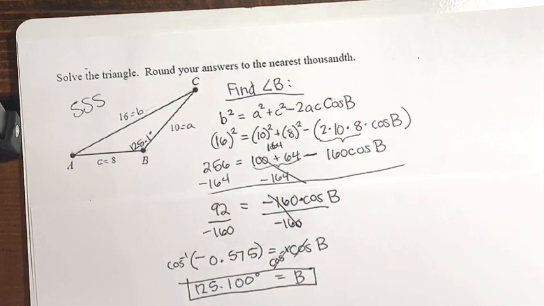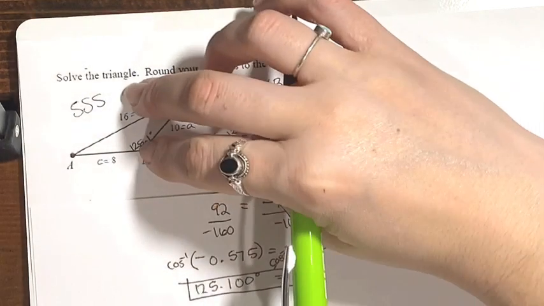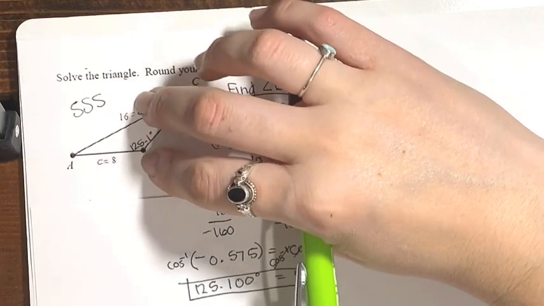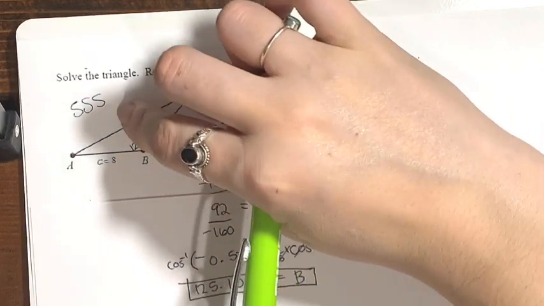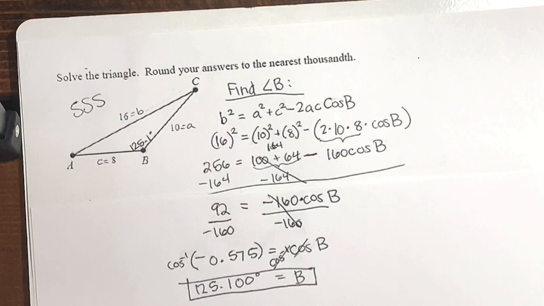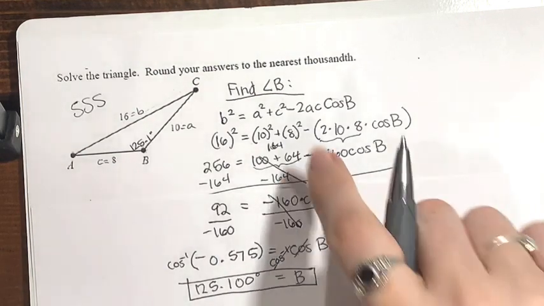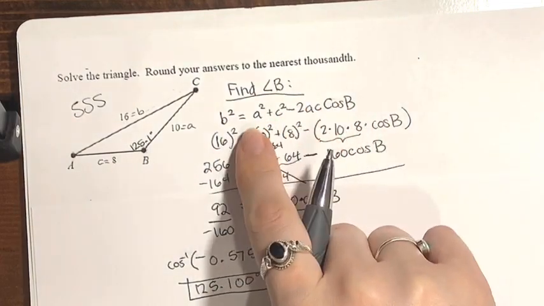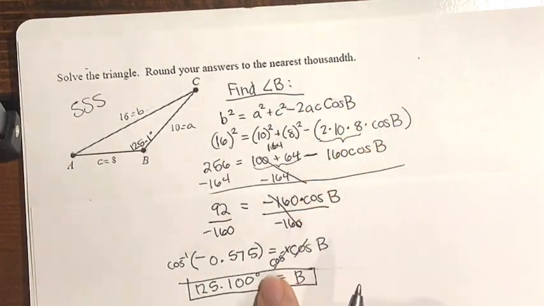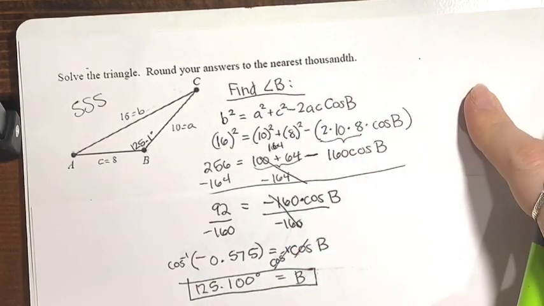But just like in the last problem, once you have that first angle, you now have a pair. We have angle B and side B. So now I can switch to the law of sines rather than doing the law of cosines to find an angle, because now you guys can tell finding an angle using law of cosines takes more steps than finding a side. So I want to do law of sines if I can.